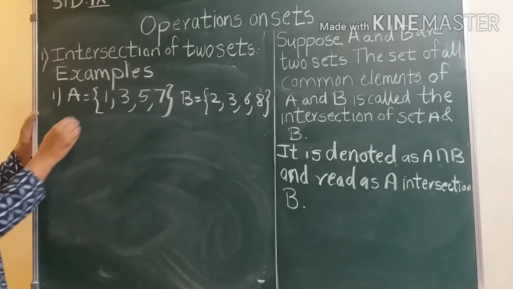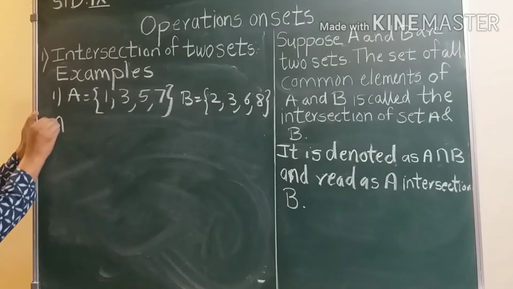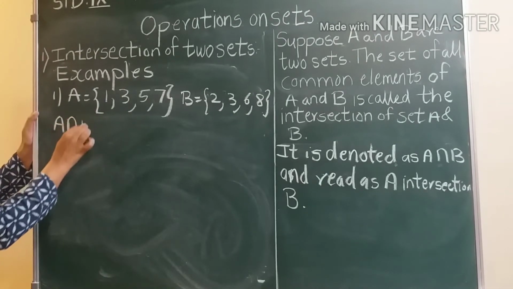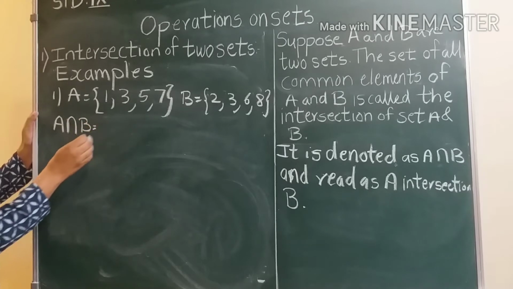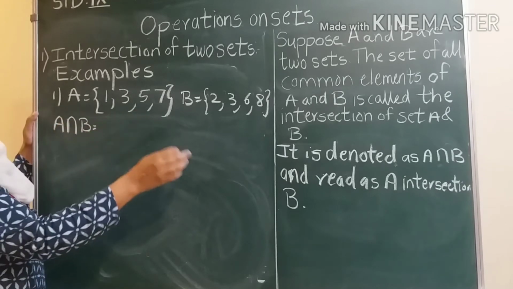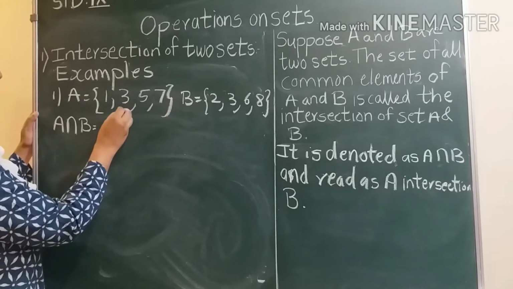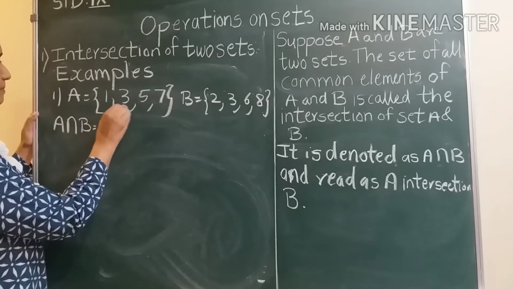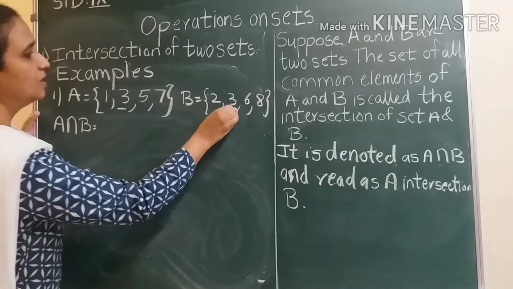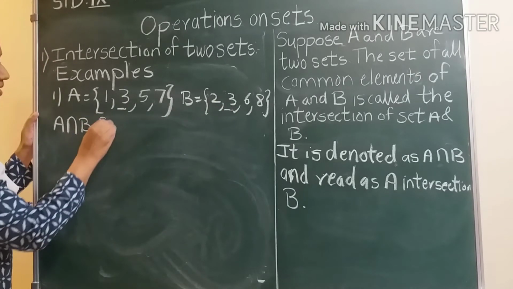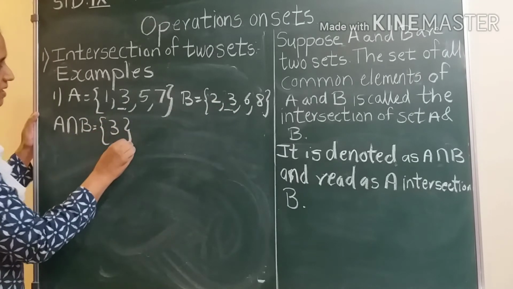Now what we are going to find out? We are going to find out A intersection B. So what is A intersection B? Common elements which are present in set A and set B. So over here, which are the common elements? Only one element is common, that is 3.